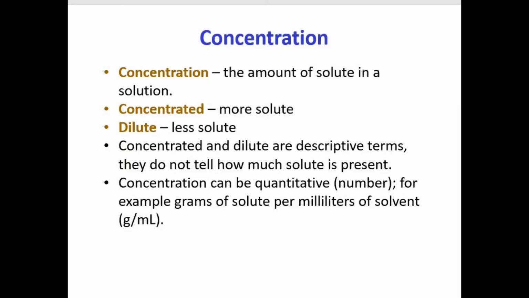First, we could use the words concentrated or dilute. Concentrated means that there's more. Dilute means that there's less. But these are only descriptive terms. We can quantitatively describe concentration if we measure the grams of solute per, say, milliliters of solvent. We can measure it numerically.